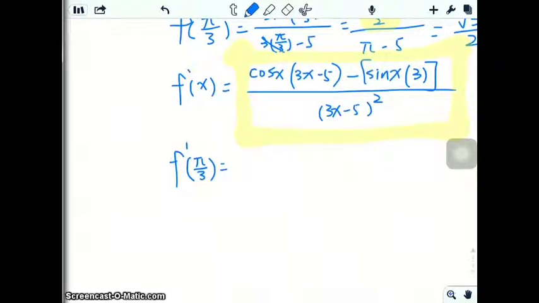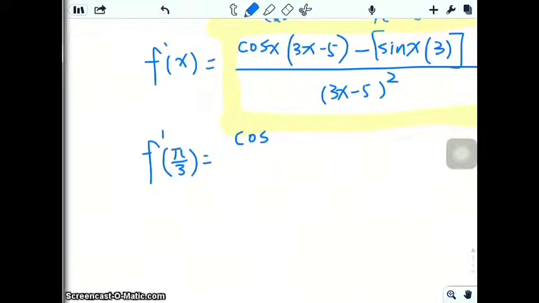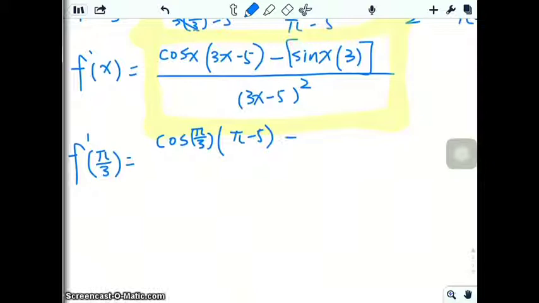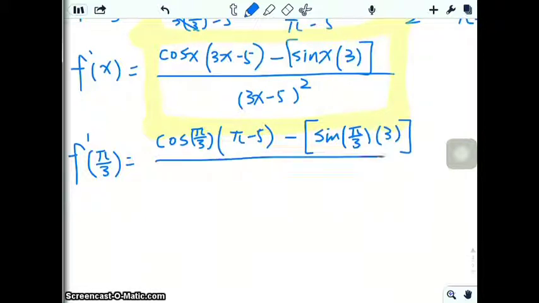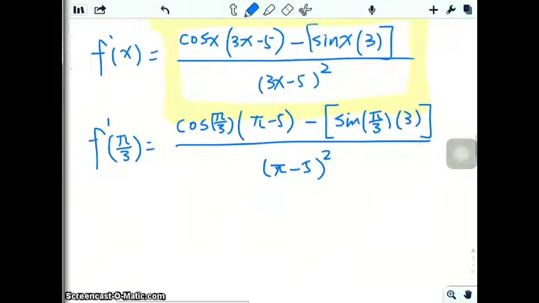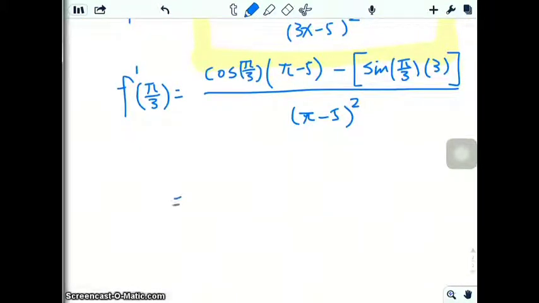So now we plug it in: cosine of pi over 3 multiplied by pi minus 5, minus sine of pi over 3 multiplied by 3, and the bottom is pi minus 5 squared. If you don't know these values, just look at the unit circle.